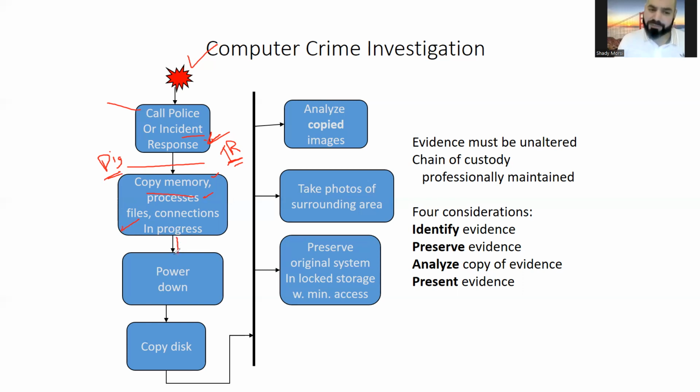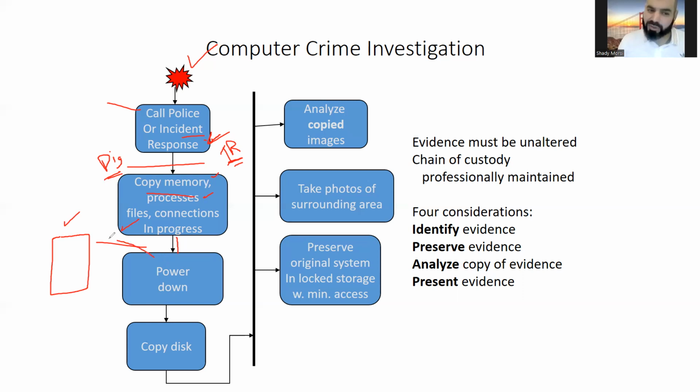If it's really a crime scene, guys, and you will really need to go to court, you need to take this system out of communication. You need to take it out, because this computer or server is going to be your evidence. It says here power down, but it's not really power down.